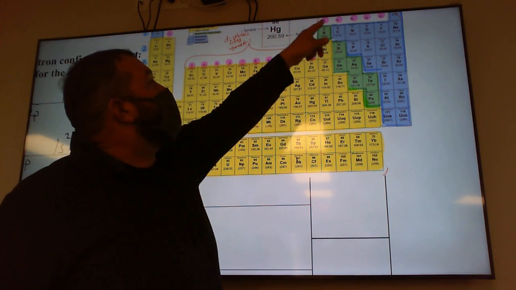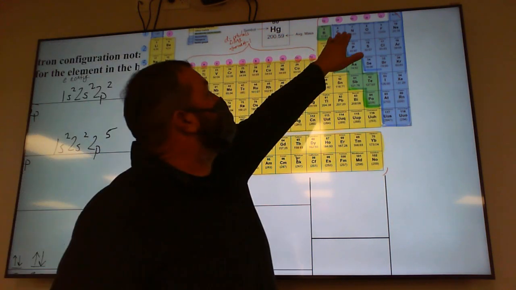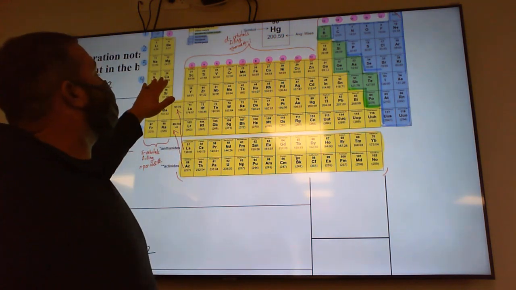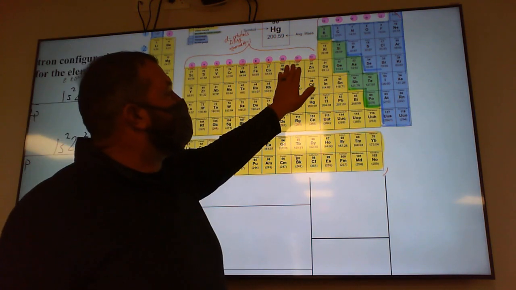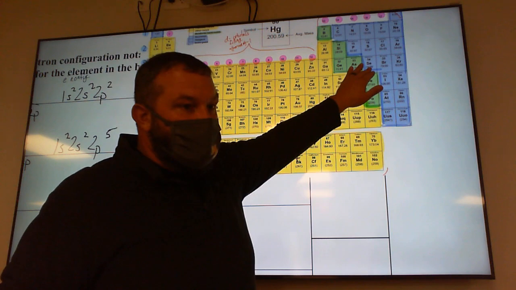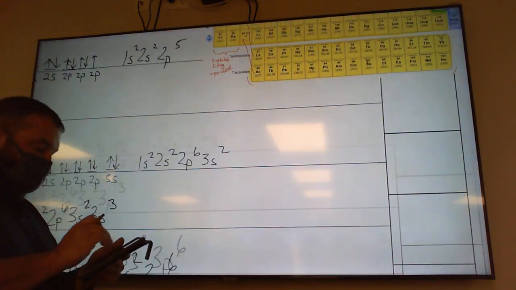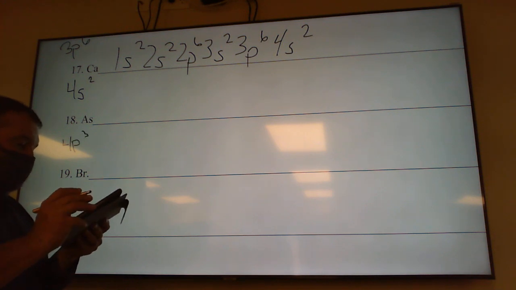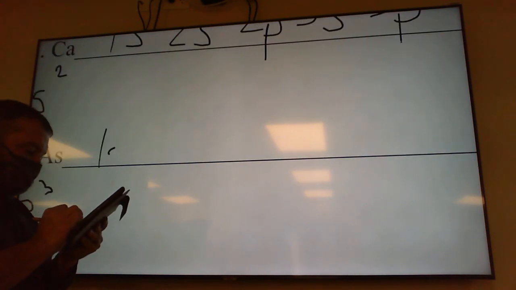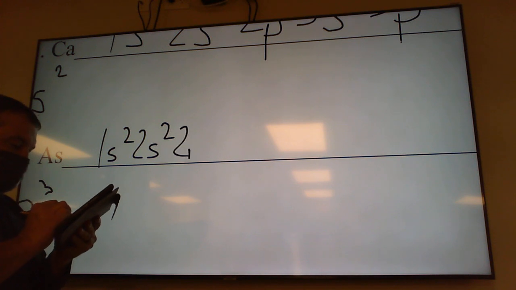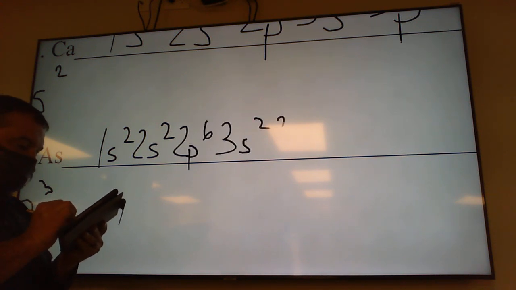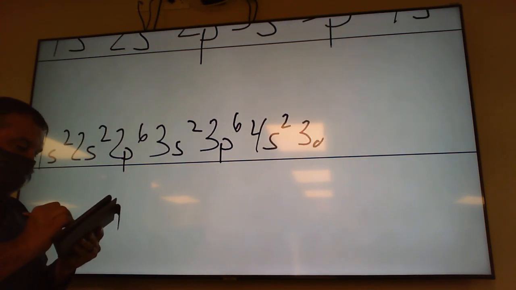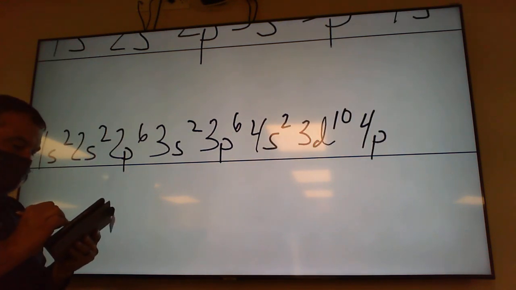So I've got to go through 1s2, 2s2, 2p6, 3s2, 3p6, 4s2, 3d10, 4p3. Okay, so let's go ahead and write that down.